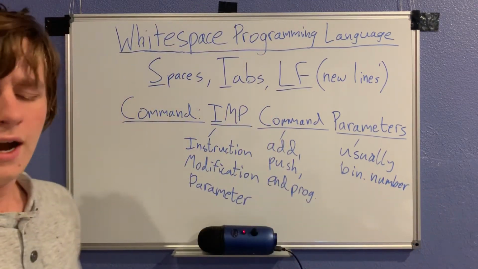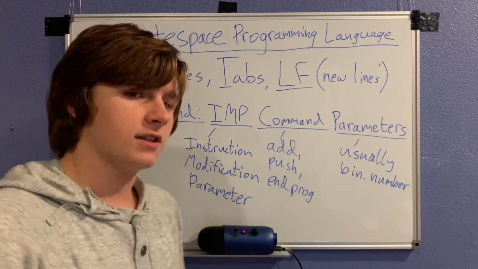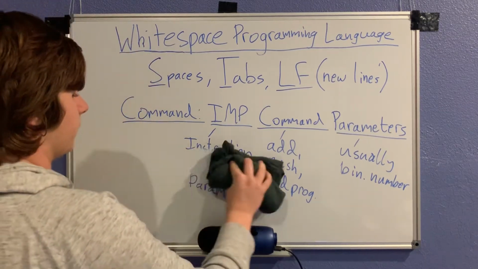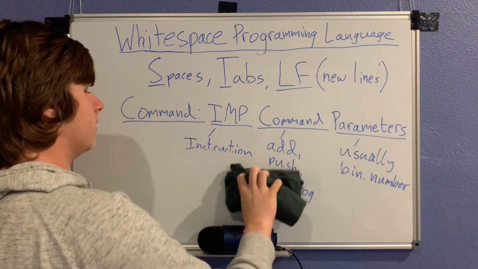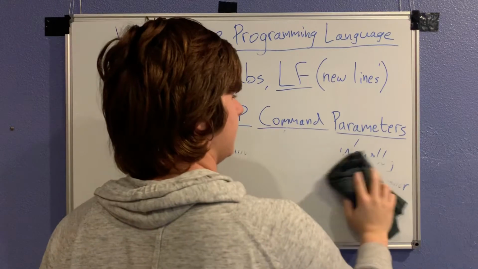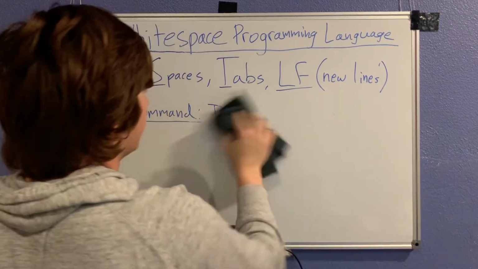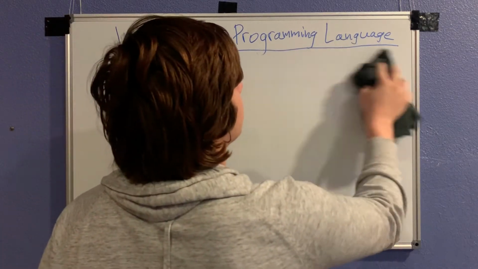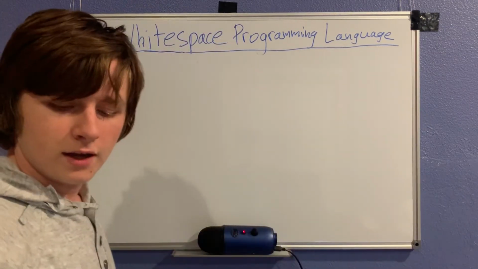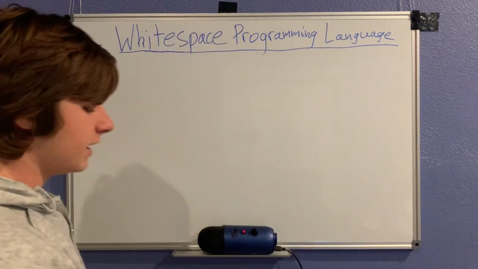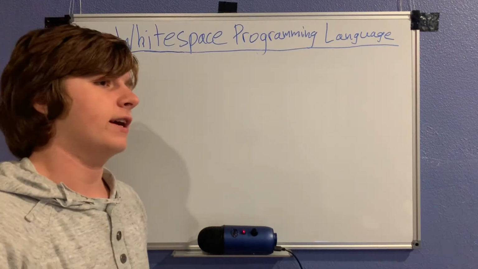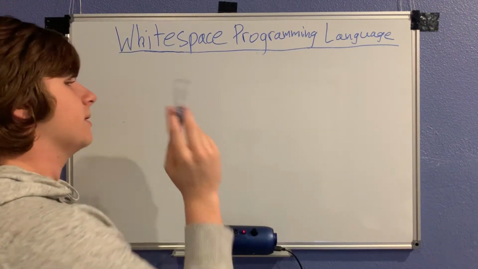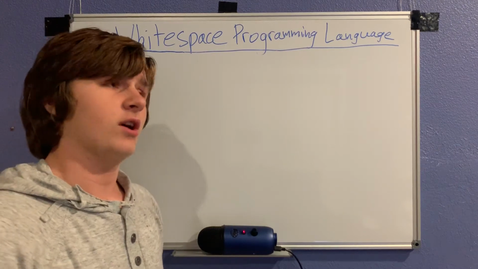But how do we actually represent binary numbers in this language? Well, we only have 3 characters, right? So it takes a little bit of creativity, but what the creators did is they decided to represent every binary character with a character from the Whitespace language because, I mean, there's no other option.